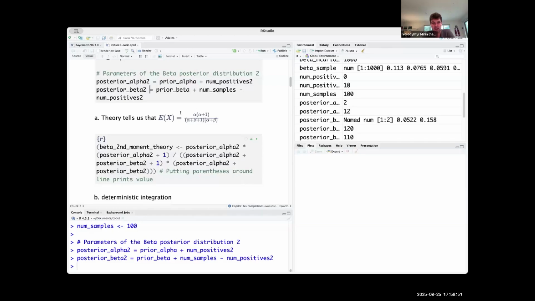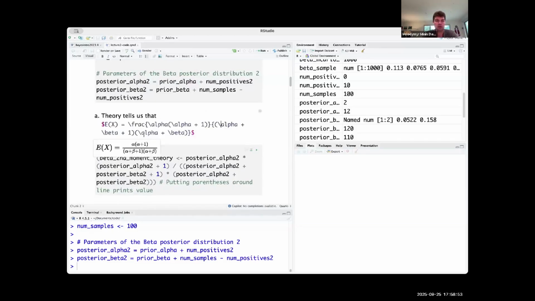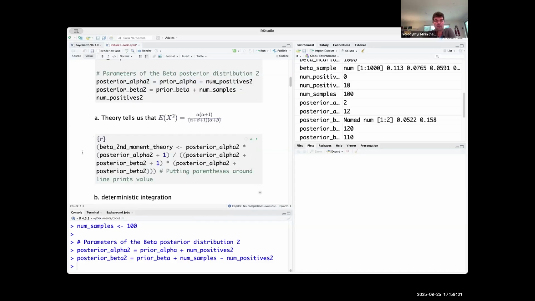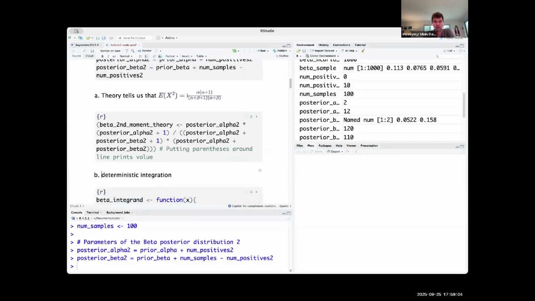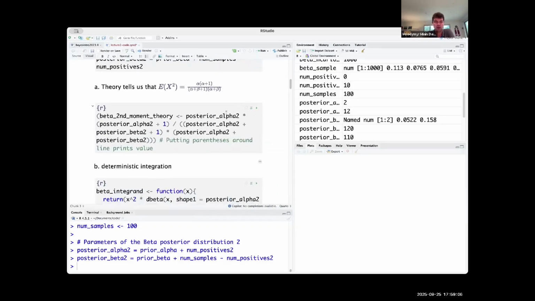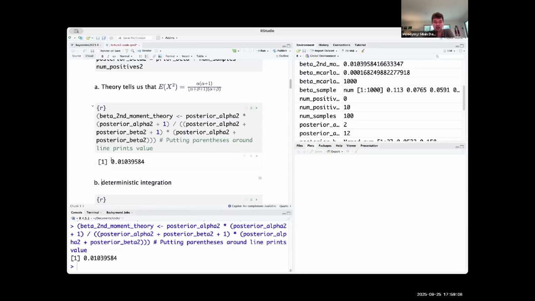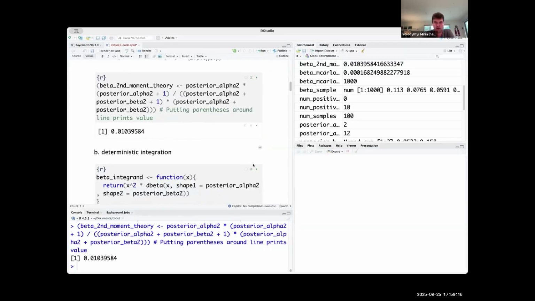The theory tells us that the second moment, actually, this is a typo, it should be squared. The theory tells us the second moment of the beta distribution is this formula. And so we can plug it in, and that's the 0.01 number that I gave you in lecture notes.